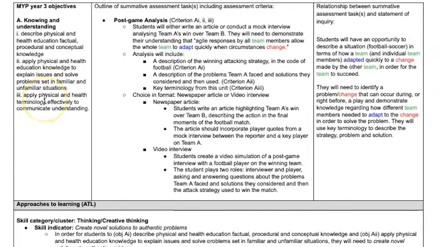So the outline of the summative assessment task, the name of the task, the criterion strands are going to be assessed through this task, and then a clear description of the task and how each criterion is going to be needing to be demonstrated within that task.